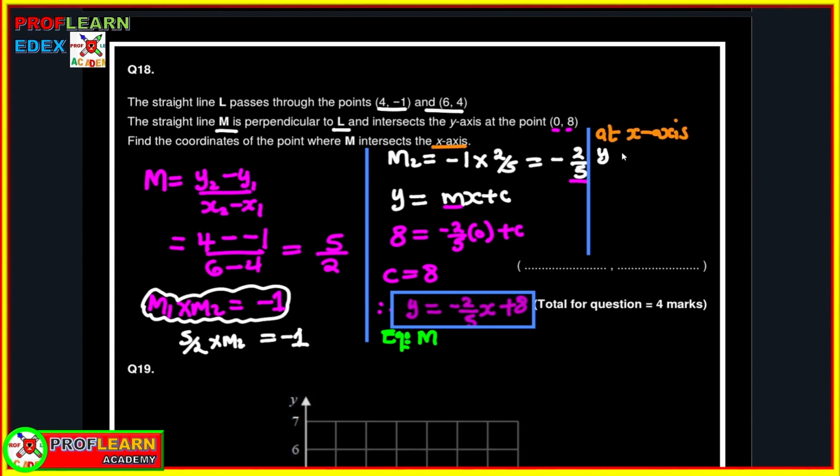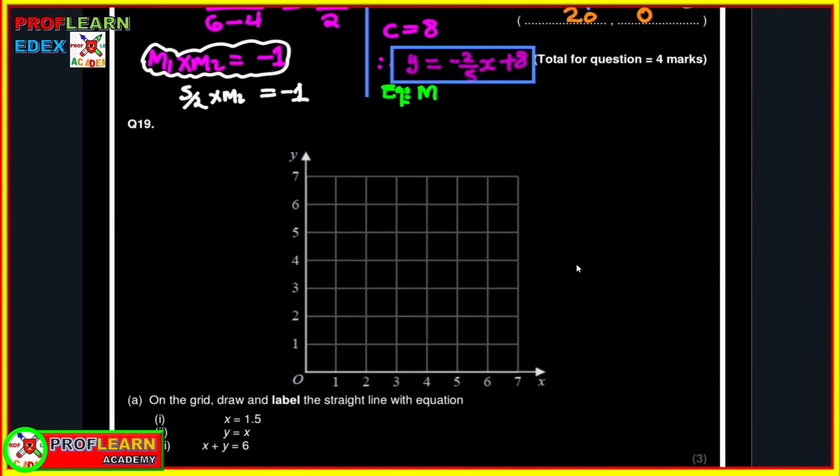At the x-axis, y equals 0, so we have 0 equals -2/5 x plus 8. We can make x the subject because we want to know where x is. That is 20, so the point is (20, 0). And that's exactly what you're supposed to do in that given point.